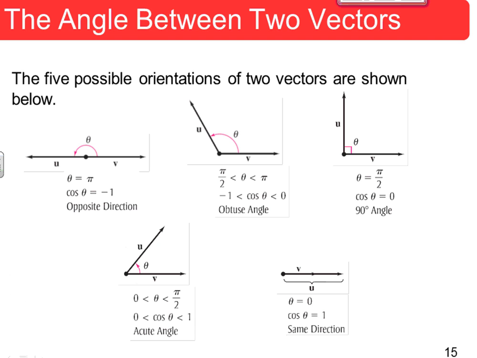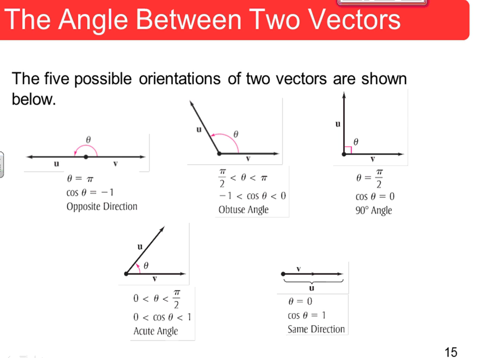I don't know that you need to write them down, but here are some orientations of two vectors. The angle theta can be 180 degrees, a straight line, where they're opposite, and the cosine is a negative between -1 and 0.